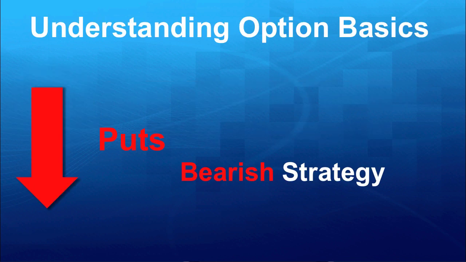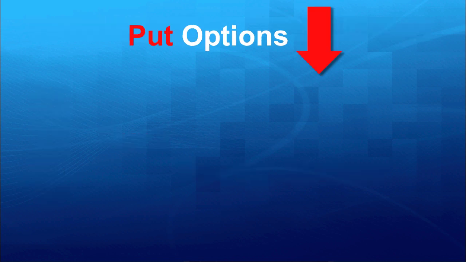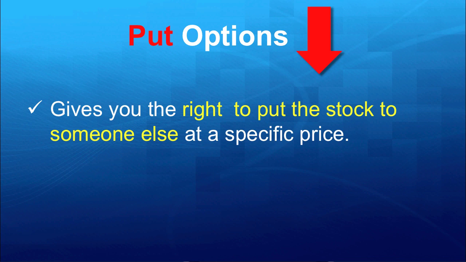Now, let's talk about understanding put options. So we just talked about call options. Let's talk about put options. Put options are used for a bear strategy. So if you think the market is going down or a stock is going down, this is where we would use put options. Put options, just like call options, are the reverse.